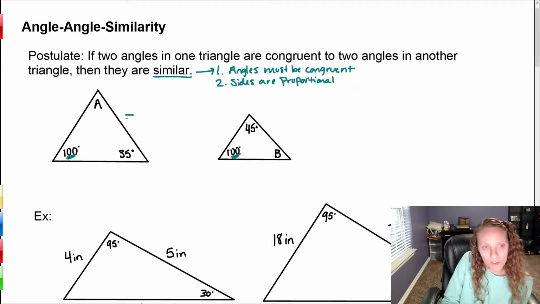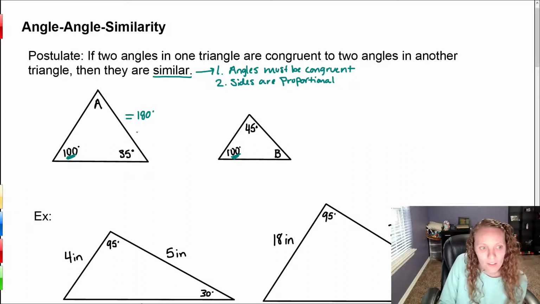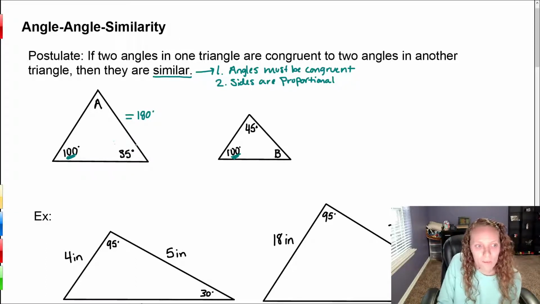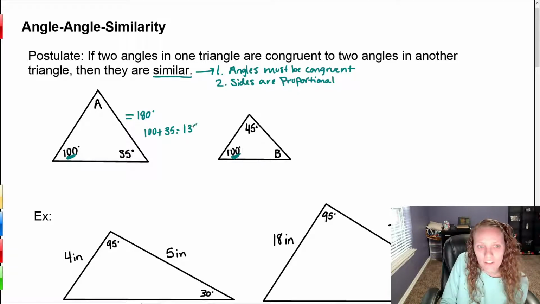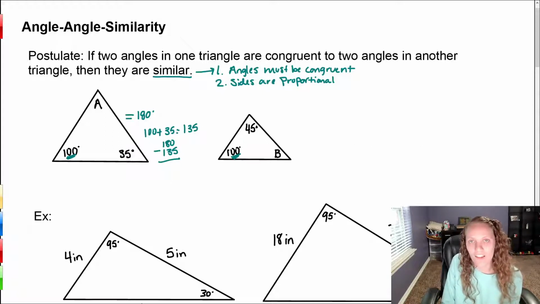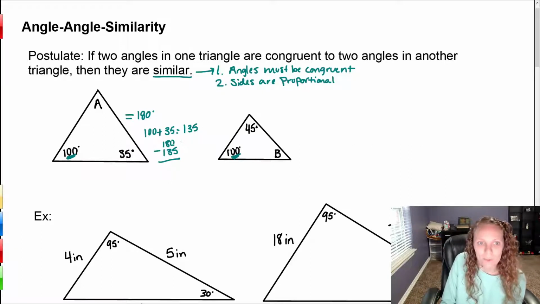Remember that a triangle equals 180 degrees when you add them all up. So if we add 100 plus 35, that equals 135, and if we subtract that from 180, it should hopefully give us 45 if these are similar triangles.